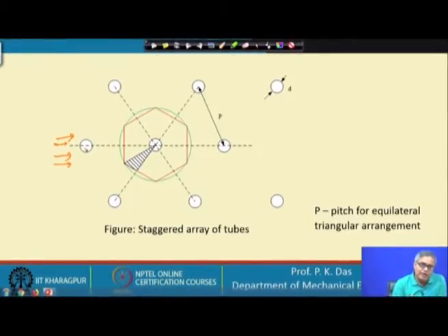This air flow will make some sort of a vortex behind the tube, the circular tube being a bluff body.